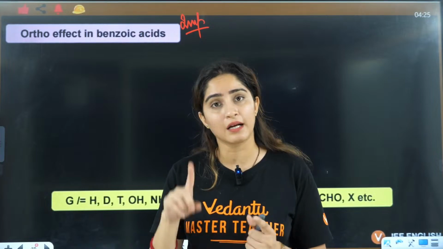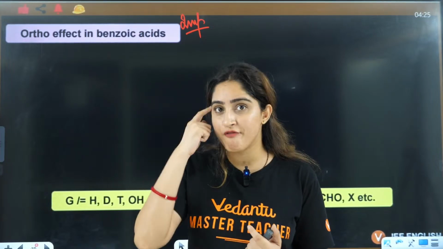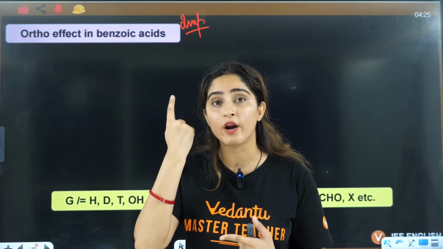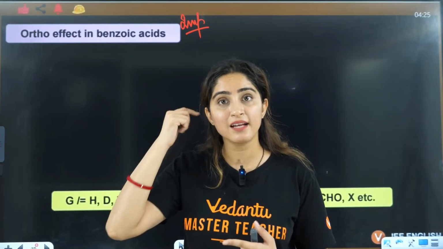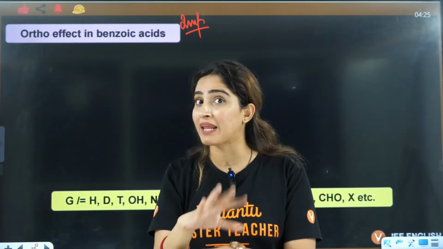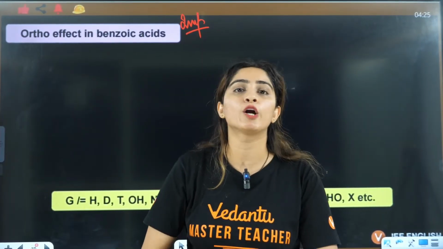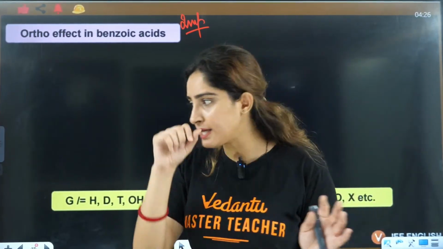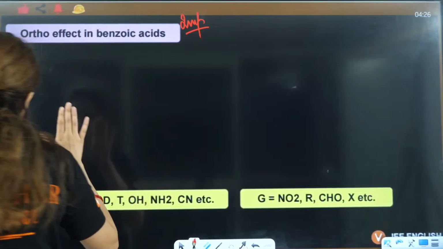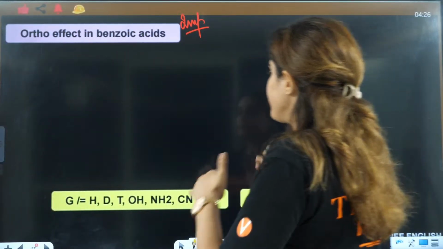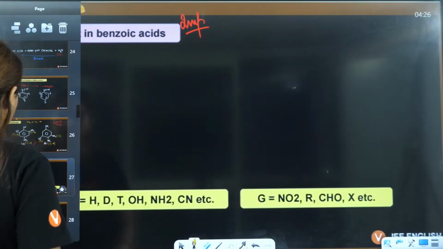But the condition is the ortho effect, the exceptions, everything should get into your head. If it is clear which group will show and which will not, then you are not going to fail in acidic strength, that I can guarantee. So full focus here, it's a very important topic. So let's understand that.